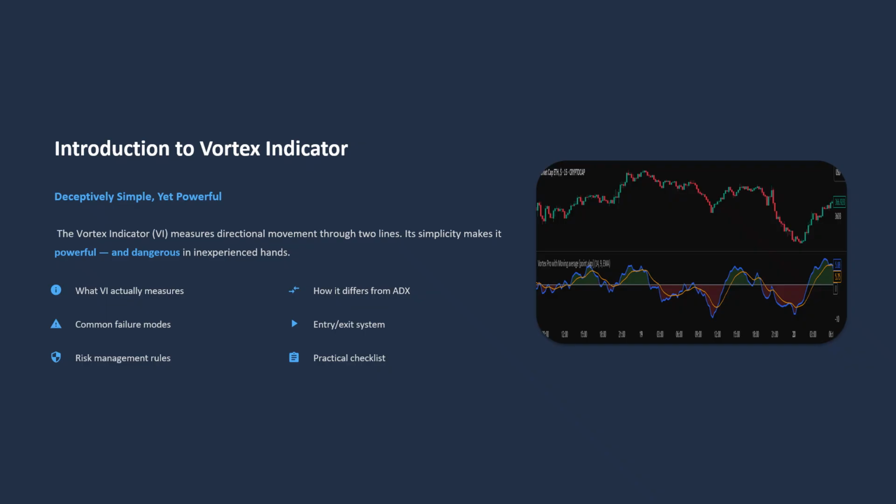I'll weave in short, verifiable examples and leave you with a checklist you can use right now in your simulator. Later parts show how to combine VI with volatility filters, volume fingerprints, and an automated backtest you can run in Python. But first, the foundation.